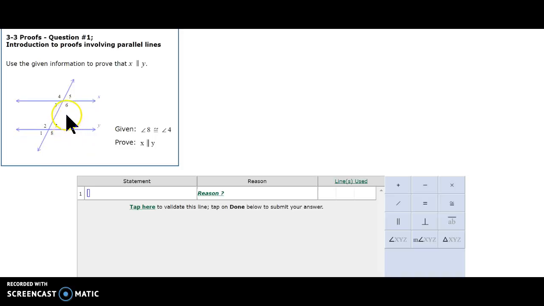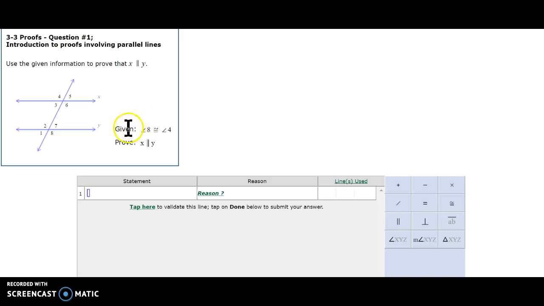Some of them are alternate interior. 2 and 6 are alternate interior angles. 3 and 7 are alternate interior angles. 1 and 5 are alternate exterior. 4 and 8 are alternate exterior. 5 and 7, they are corresponding. 6 and 8 corresponding. 3 and 1 corresponding. 4 and 2 corresponding. So all the pairs that I've just mentioned, they're all congruent to each other. Okay, so that was a quick review on the different properties.